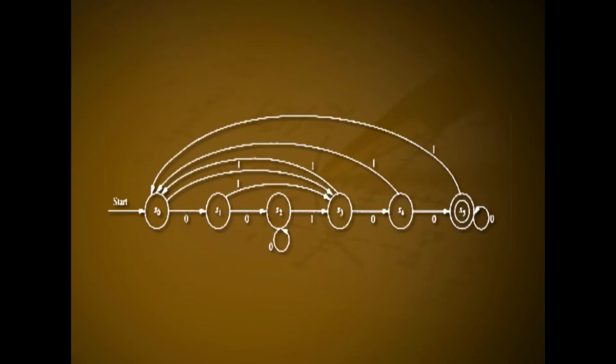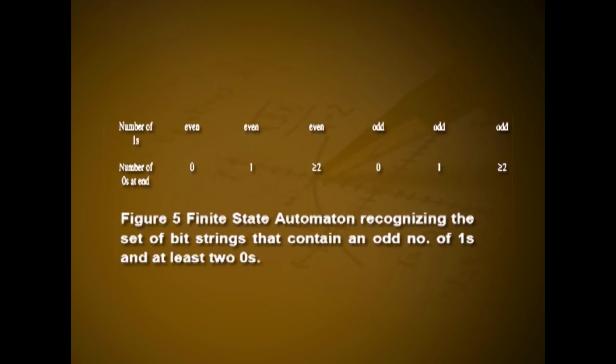The state S5 is a final state. The finite state automaton in figure 5 recognizes the set of bit strings that contain an odd number of ones and end with at least 2 consecutive zeros. This is the figure which gives the finite state automaton recognizing the set of bit strings that contain an odd number of ones and at least 2 zeros.